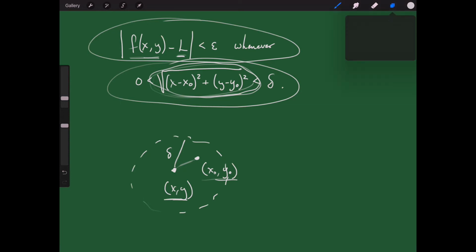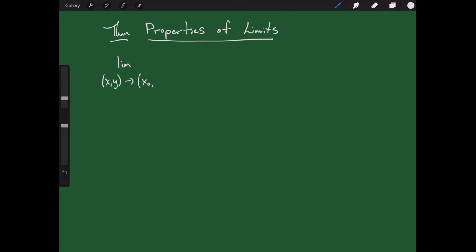Okay, now that we know that, let's talk about some of the properties of limits when we're dealing with an extra dimension. So this is a theorem, properties of limits. And we're going to start with the limit as x, y approaches x0, y0 of f of x, y.